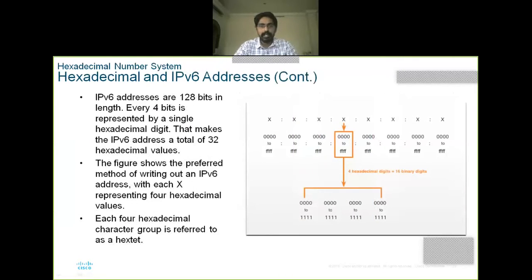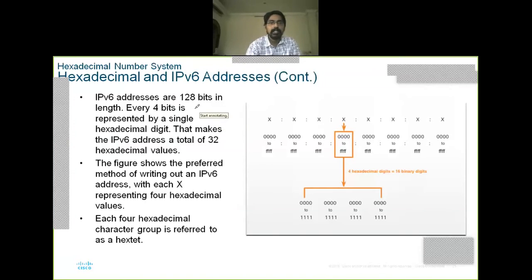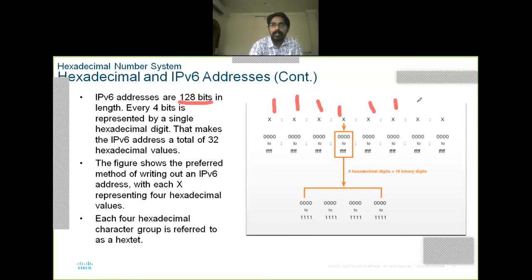Next, hexadecimal IPv6 address. As I told you, an IPv4 address contains 32 binary bits. For IPv6 we have 128 bits, and these 128 bits are grouped into 8 divisions.